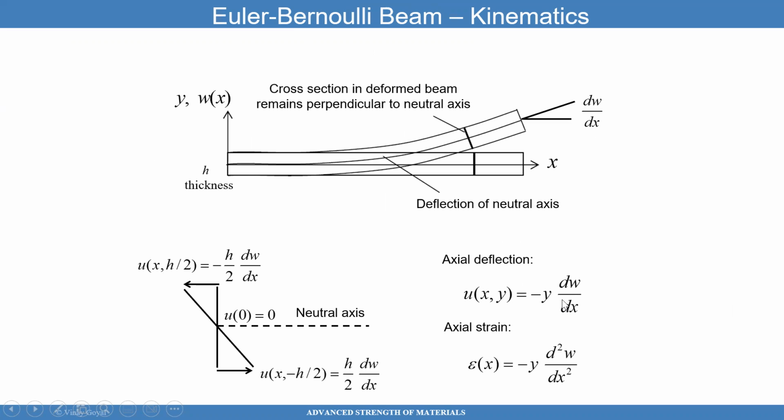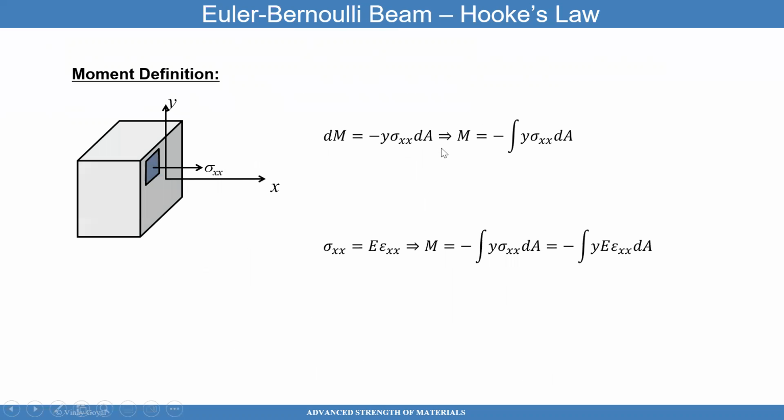And what that ends up showing is that the strain is linear to the curvature, and also then the stress becomes linear with respect to y. So that's how we derive those equations of elasticity.